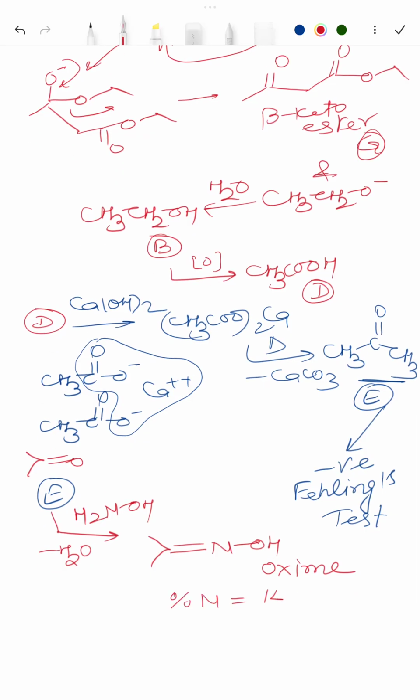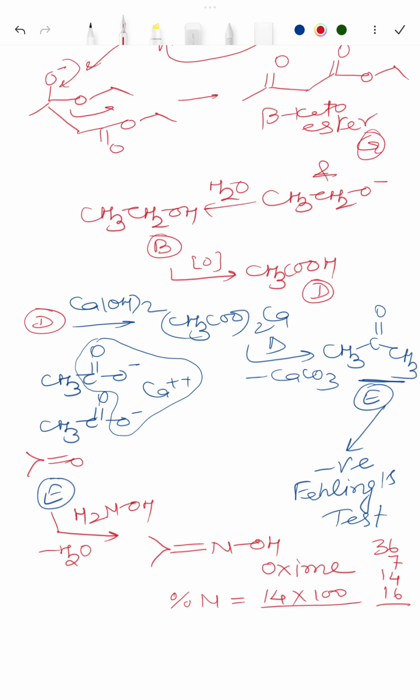Let's calculate the percentage of nitrogen. Nitrogen is 14, into 100, for the percentage, divided by the total molecular mass. Total molecular mass: 36 for carbon, 7 for hydrogen, 14 for nitrogen and 16 for oxygen.